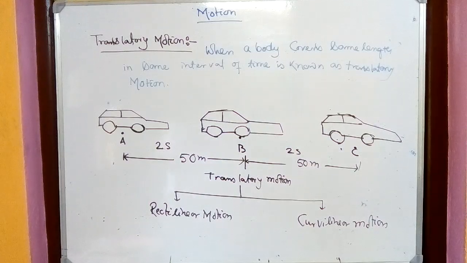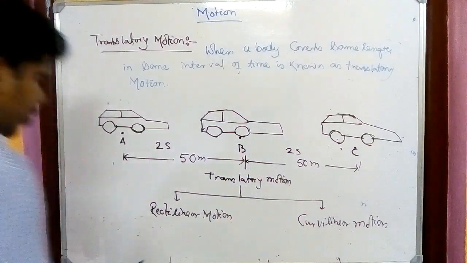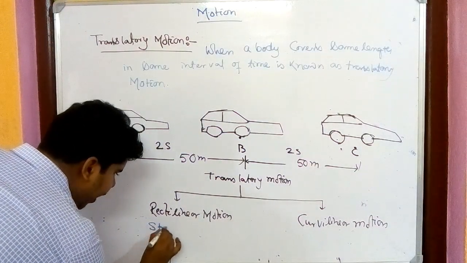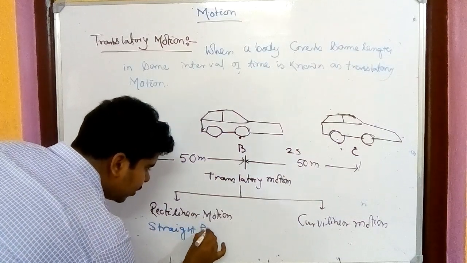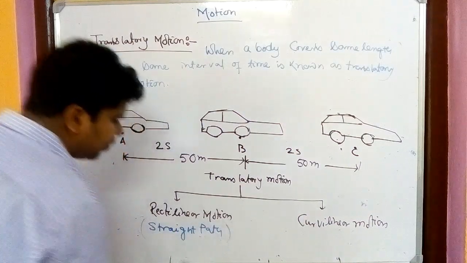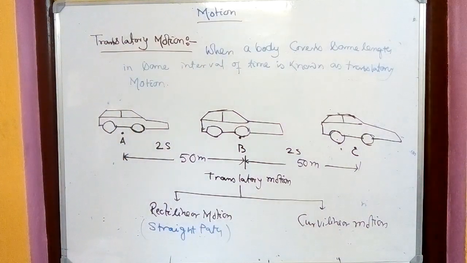The rectilinear motion means when a body moves in a straight path. That means when this translatory motion occurs in straight path, that type of motion is known as rectilinear motion.